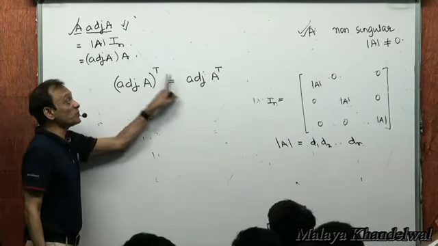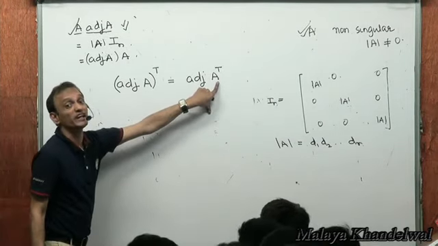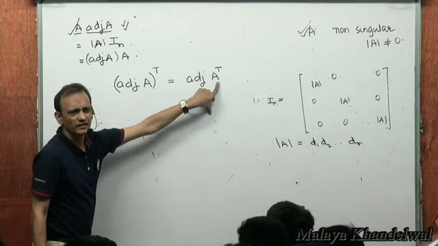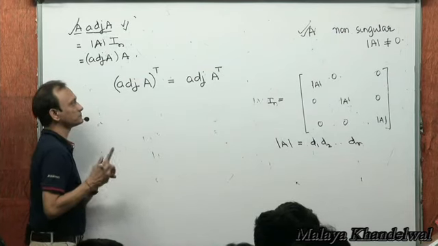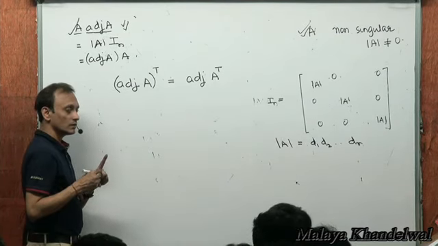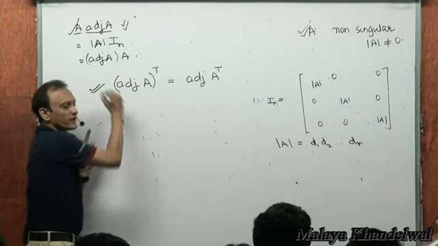Adjoint of A transposed is the same as adjoint of A transpose. You got to be thinking about it independently.